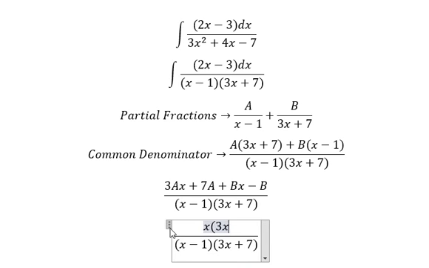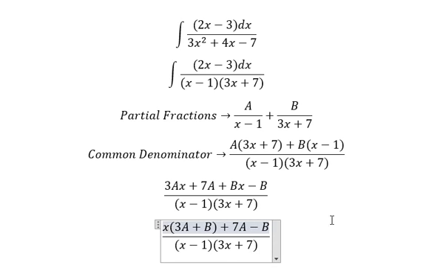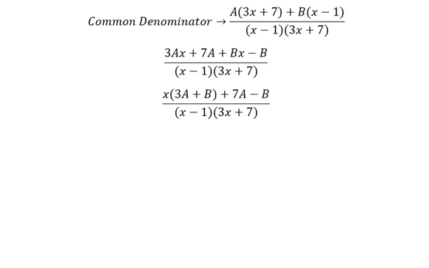So you get 3a plus b, and we have 7a minus b. So in here we have s and we have s. So the coefficient of s you get 2. So that means 3a plus b equals number 2. The next one, 7a minus b should be equal to negative number 3. So we create the system of equations.